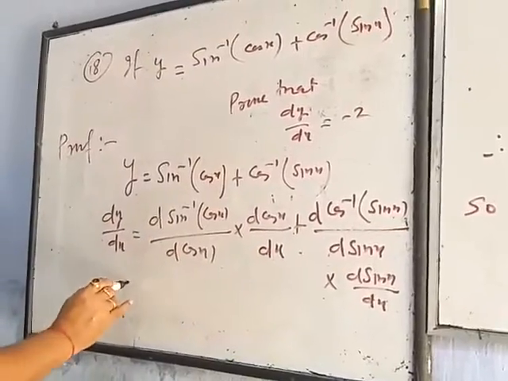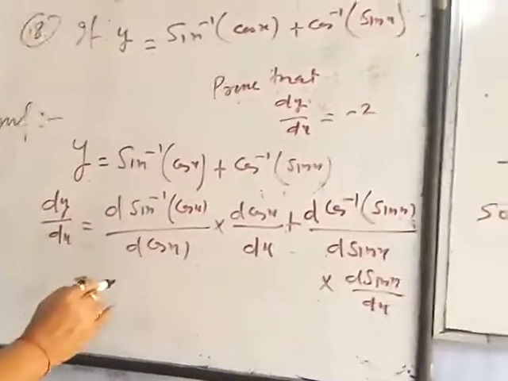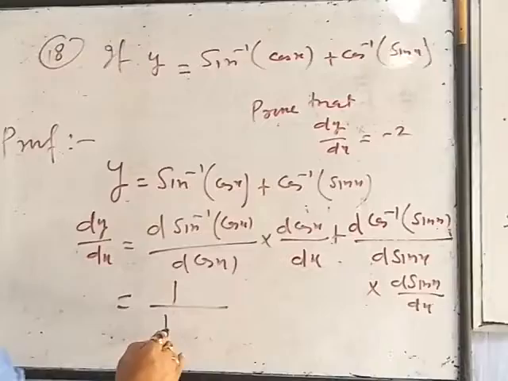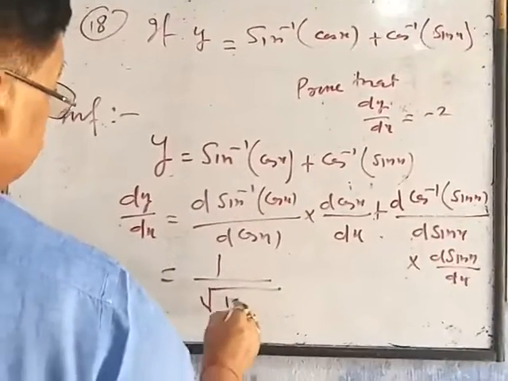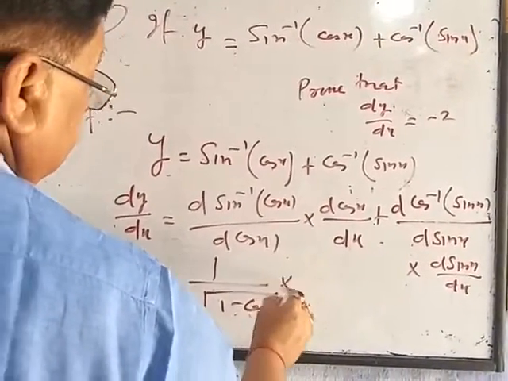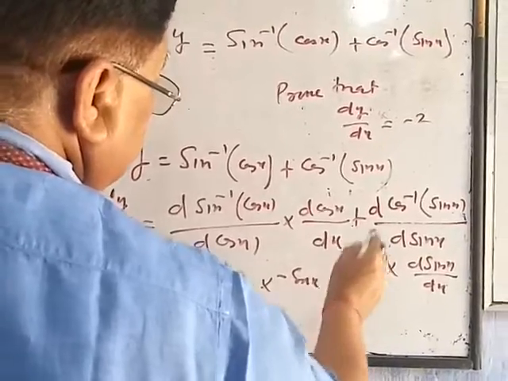So this will be 1 by root under 1 minus cos square x, times minus sin x.